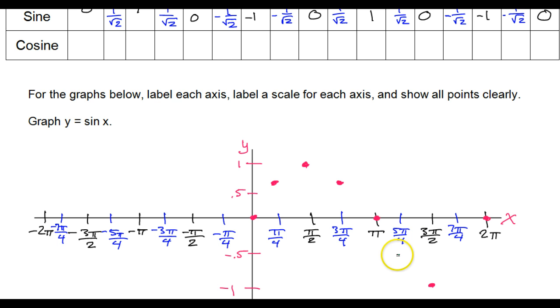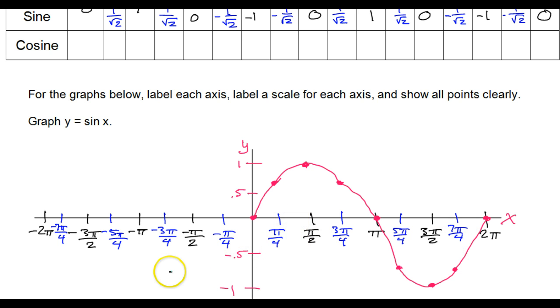And here it's going to be negative 0.7 and another negative 0.7. That just gives you a better view of what's happening. This is not the prettiest graph in the world, but it should look something like that.